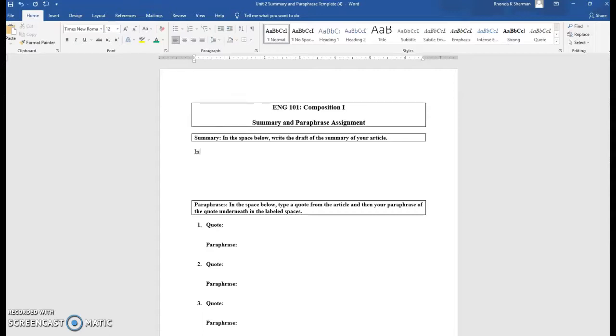So you are going to indicate in the, and then you would give the year, let's see if I can do this correctly, in the 2021 New York Times article, and then you would give the title of the article, and you would say who it is by, the author or the authors, and then you would explain the main idea.